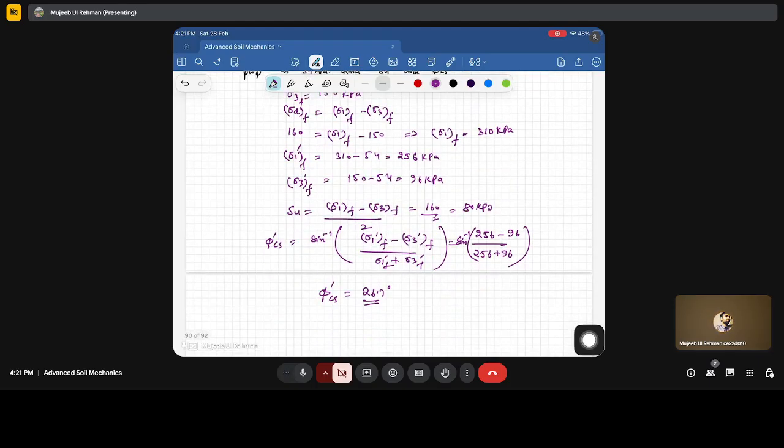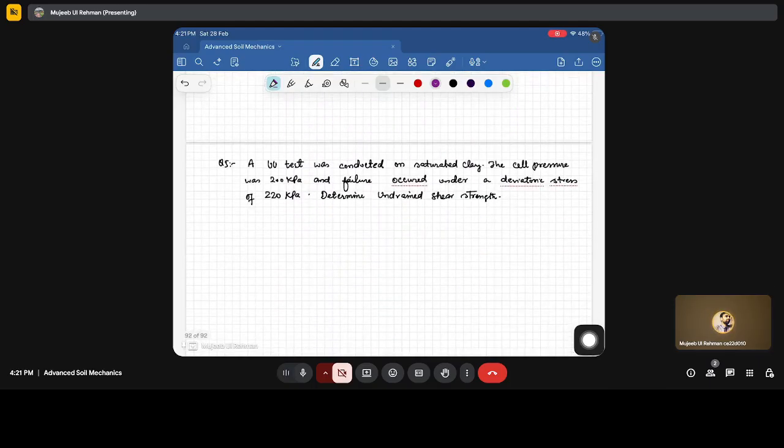Right. Now the last question is a UU test, unconsolidated undrained test, conducted on saturated clay. The cell pressure was 200, so sigma 3 at failure is 200 kPa, and failure occurred under a deviatoric stress of sigma d at failure 220 kPa. Determine undrained shear strength.